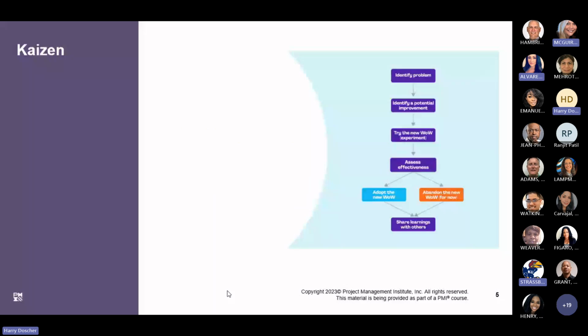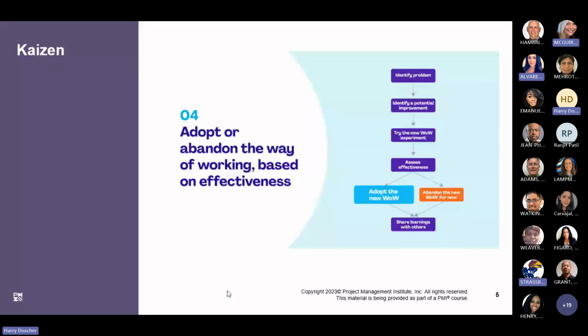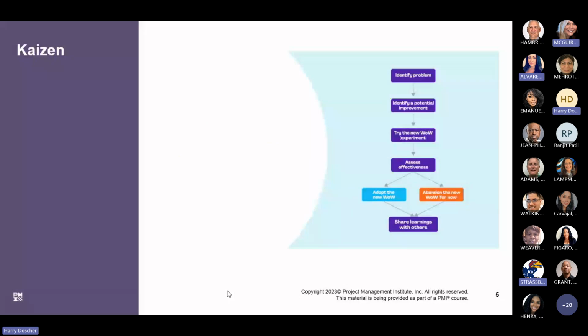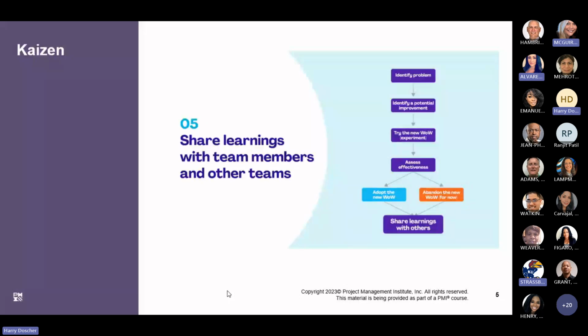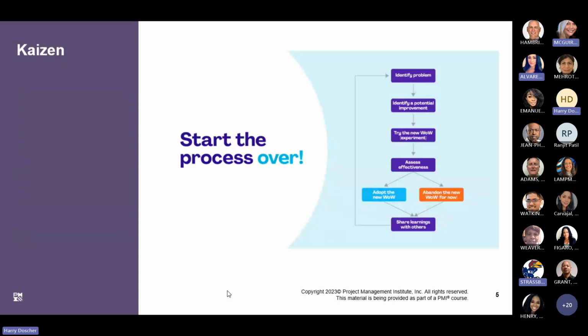If the new way of working is effective, they adopt it. If it isn't, they abandon it, for now at least. But they're not done. At that point, they share what they've learned with others, other members of their team, and other teams throughout their organization. Then start the process over. It is continuous improvement after all.